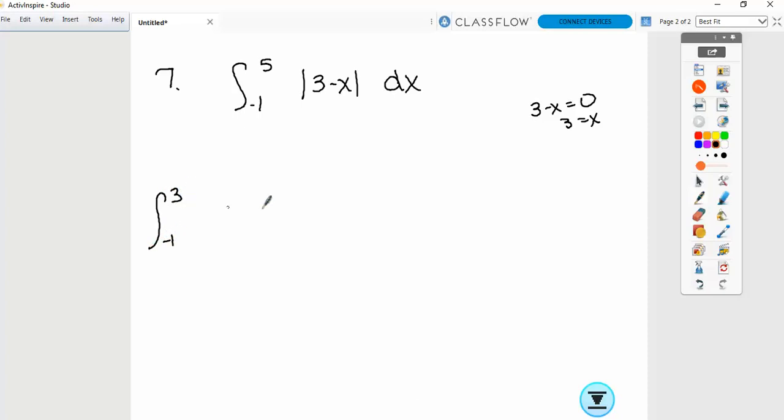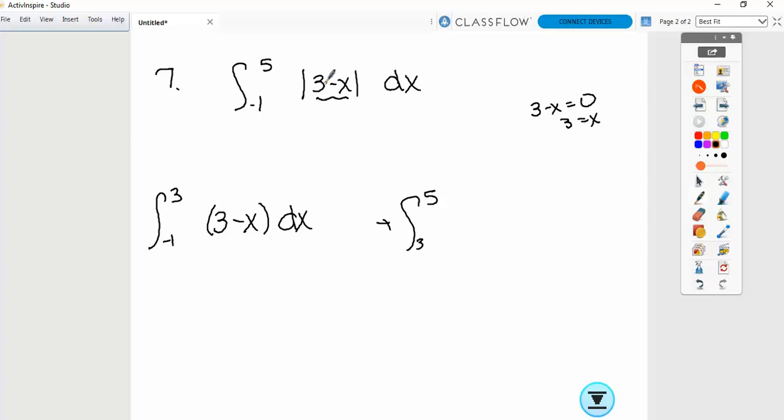So we go from negative 1 to 3, and then from 3 to 5. If you go between negative 1 and 3, if I plug a negative 1 in here, 3 minus negative 1 is positive. So the absolute value isn't changing anything.